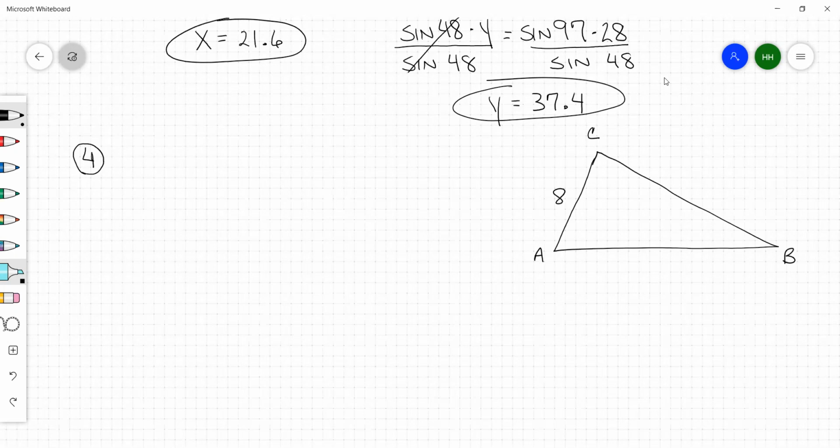Angle A is 73 degrees. CB is 17. Angle B is X degrees. We're going to make angle C Y degrees. And we're going to call side AB, we're going to call that Z.